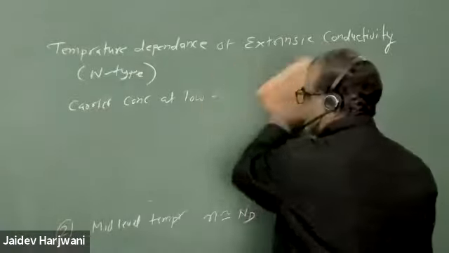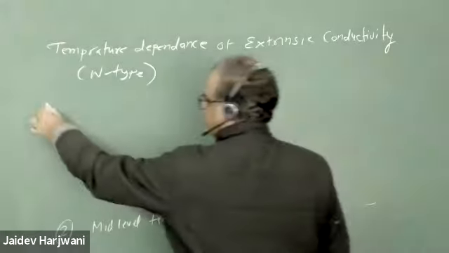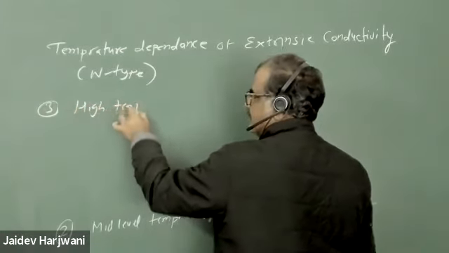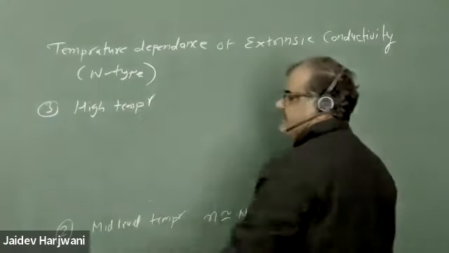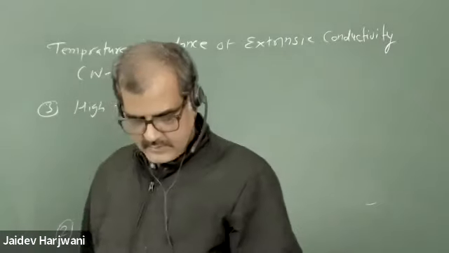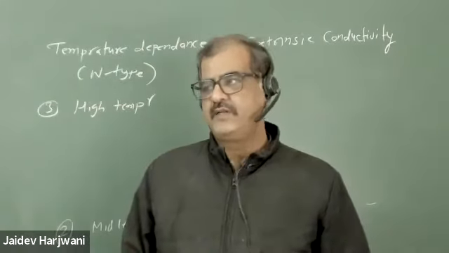Now if you go to a very high temperature range, at a low temperature not all donor atoms are ionizing. At 0 Kelvin, nothing is there, it's like an insulator. No electrons are there in the conduction band.